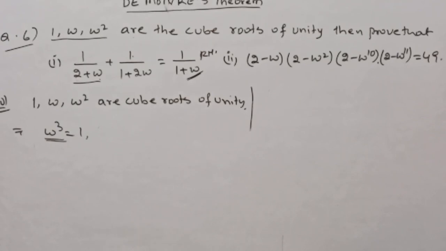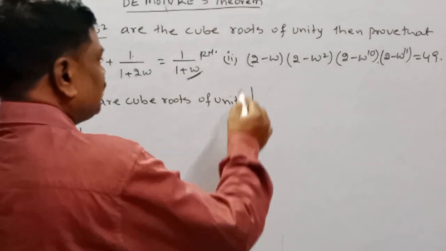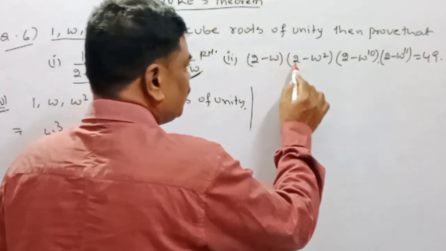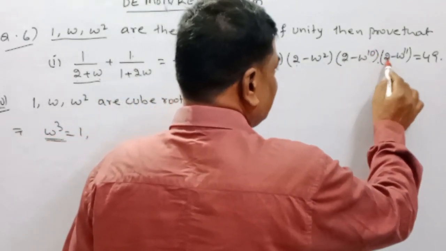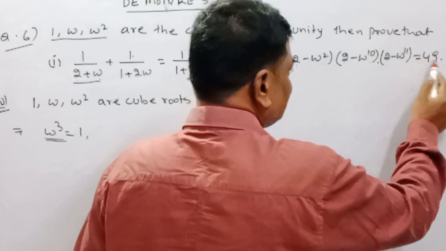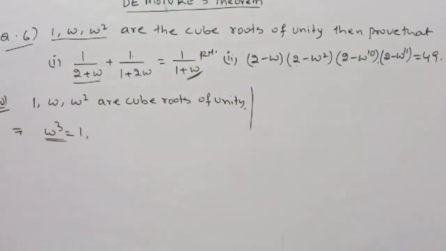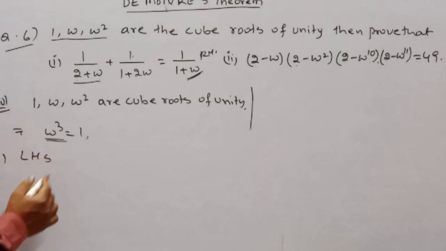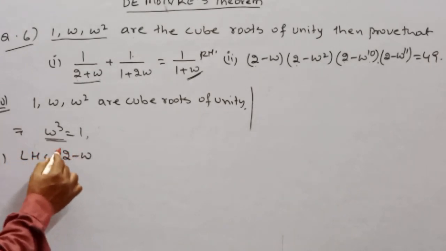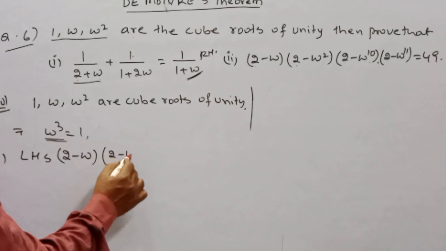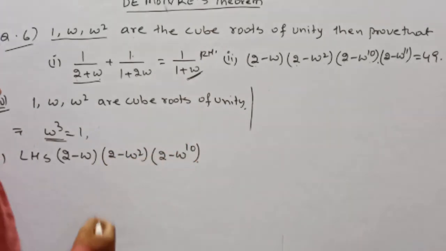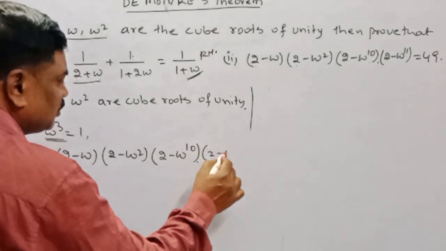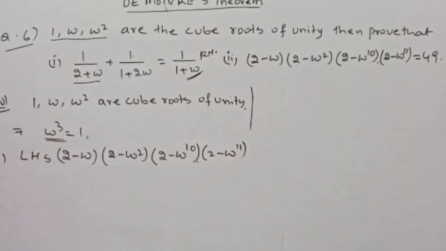Here you see the second problem. What is the second problem? (2 minus omega)(2 minus omega square)(2 minus omega power 10)(2 minus omega power 11) is equal to 49. Here, second problem, LHS: (2 minus omega)(2 minus omega square)(2 minus omega power 10)(2 minus omega power 11).